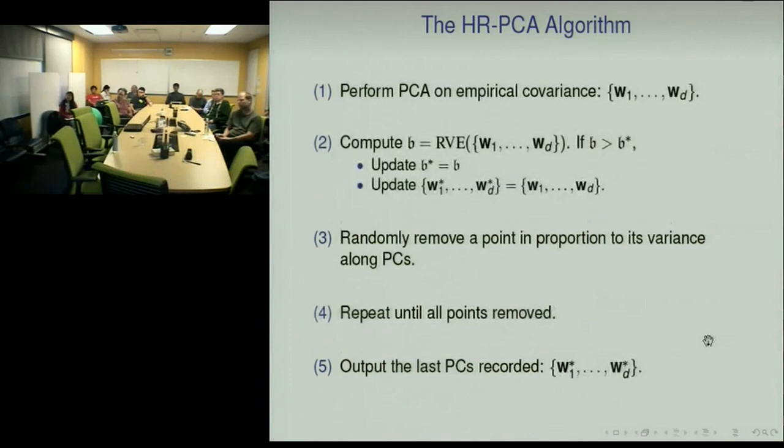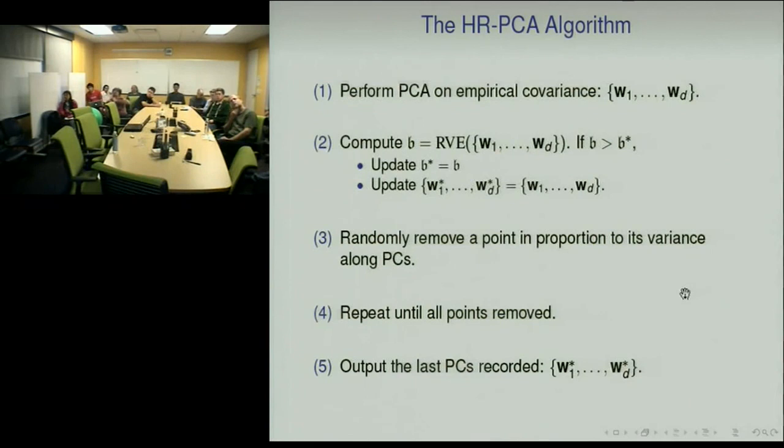So let's be a little bit more precise here, just to make sure that we're on the same page. You perform PCA on the empirical covariance matrix, so you get the principal components. Then you compute the robust variance estimator that we showed before, and if your variance is larger than what you've seen so far, you update your PCs. Then you randomly remove a point in proportion to the variance along the current PCs, and you repeat until enough points were removed.